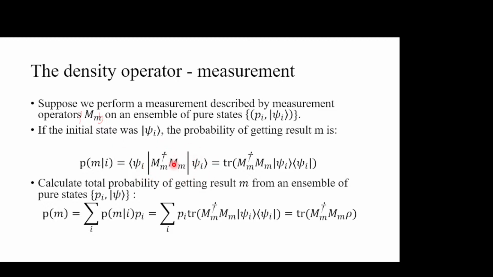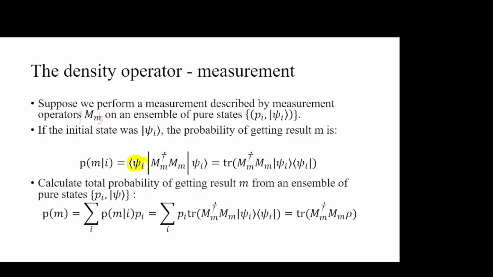So it's the norm squared of M_m times psi_i, which is this thing inner product with itself. So it's <psi_i| M_m dagger M_m |psi_i>, and then once again we can use the trace trick. This is just a number, so it's the trace of itself, and then we use the cyclic property of trace and move this psi_i to the end.